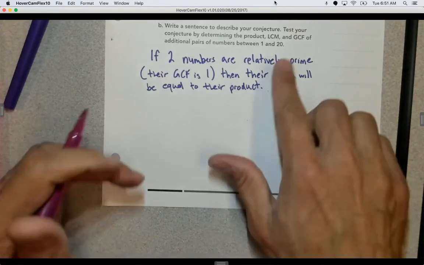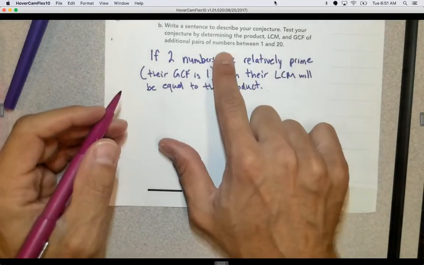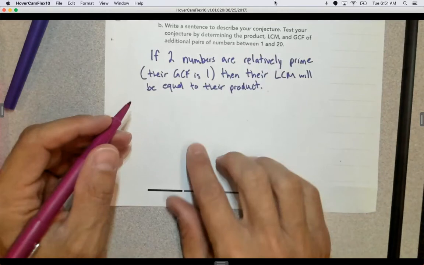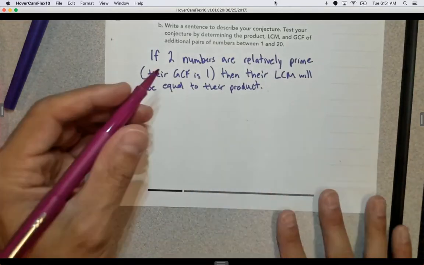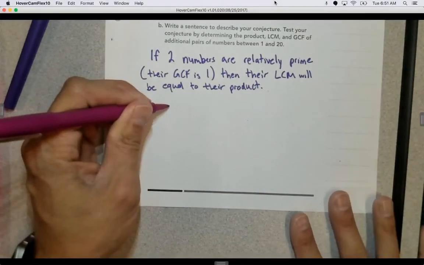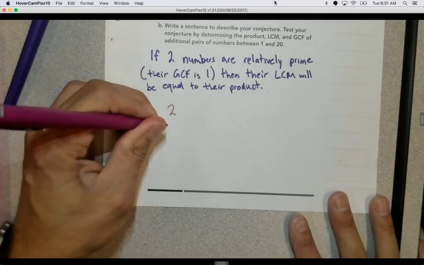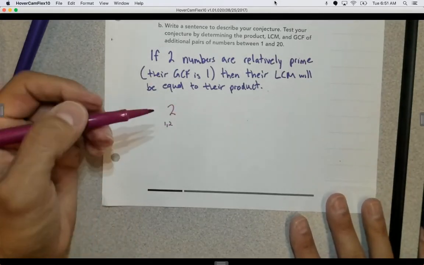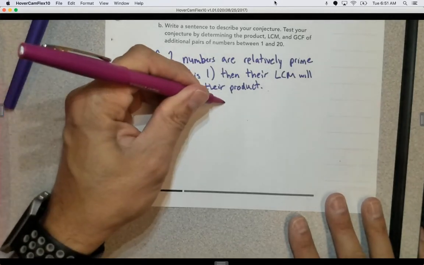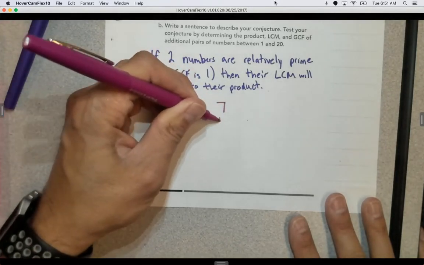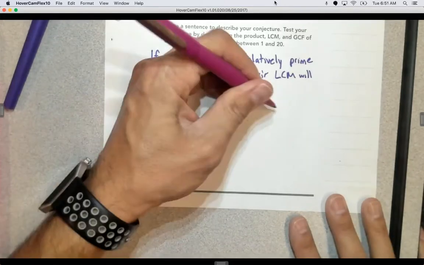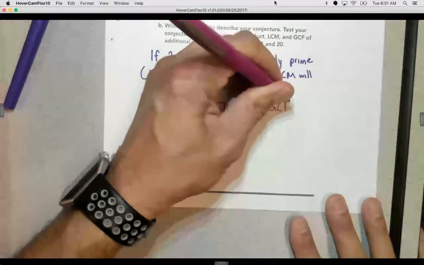Now it says, test your conjecture by determining the product, LCM, and GCF of additional pairs of numbers between 1 and 20. So if I took something like 2, which I know is prime, it only has factors of 1 and 2, and I took another number like that, such as 7, and I know its factors are only 1 and 7, I do know its GCF is going to be 1, like I said.